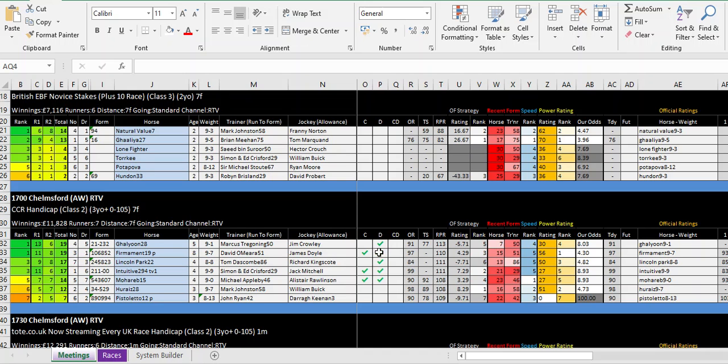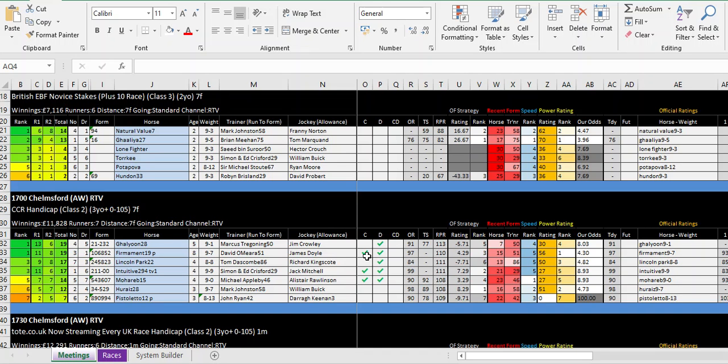What this means is Firmament has won at today's course in the past and it's won at today's distance. But when it won at today's distance, was it at today's course? And you'll see that it wasn't. Okay, so please don't get confused that if a horse has won over course and distance, it is a course and distance winner.